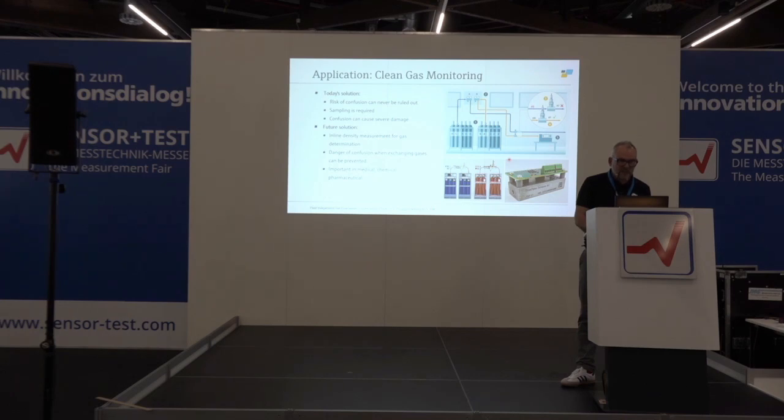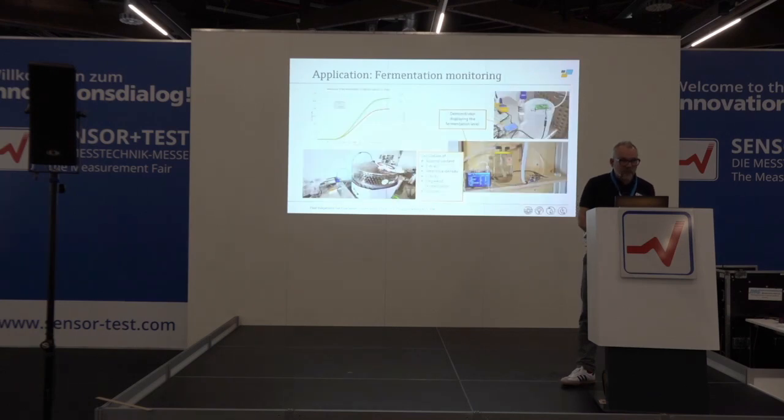And then one application we also tried, and we have a customer who wants to implement this, is the fermentation monitoring of beer, for example. So you have a tank which ferments, and for every sugar molecule which is converted to ethanol, CO2 molecules are produced.